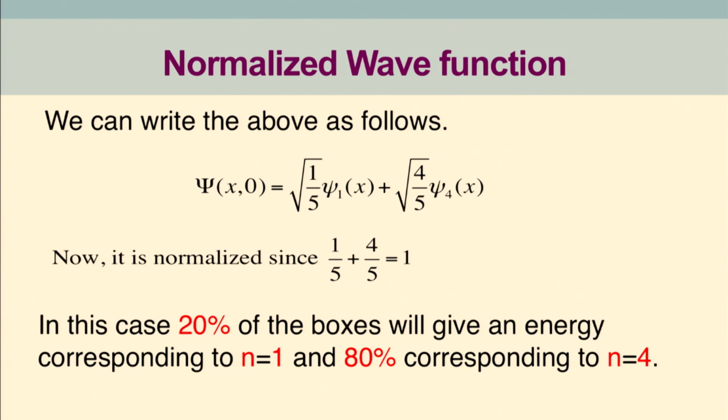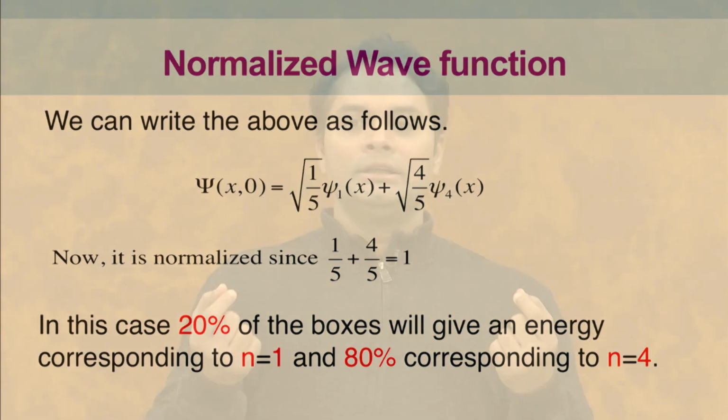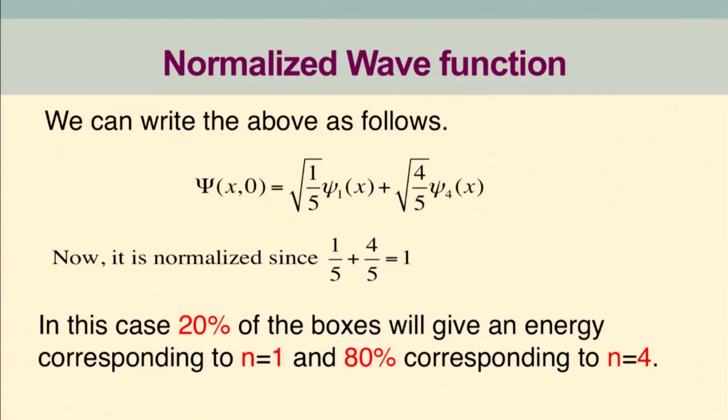So definitely this psi(x,0) is a normalized wave function, and you can easily understand that if I do a measurement, the probability of finding this particle in the ground state is 1 over 5, which is 20%. However, the probability of finding this particle in the n equal to 4 state is 80%. It is basically 4 by 5 into 100.